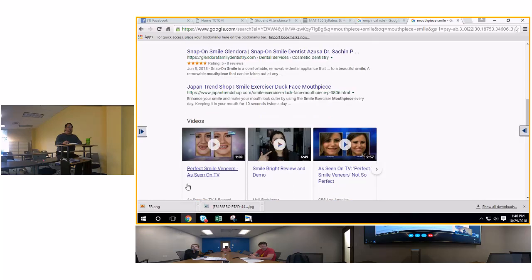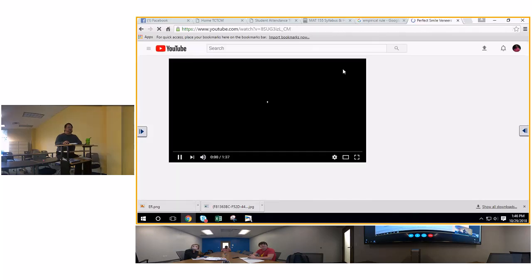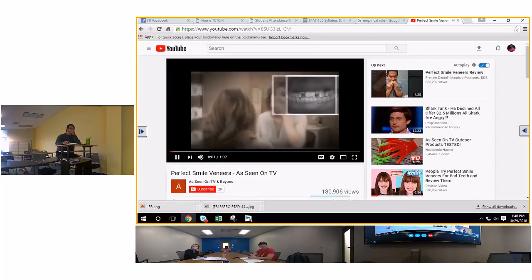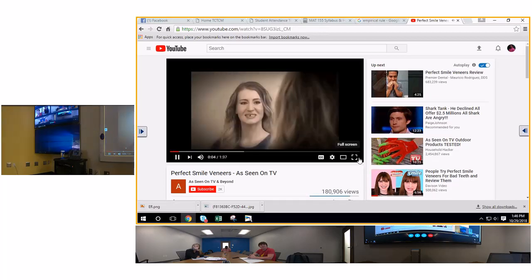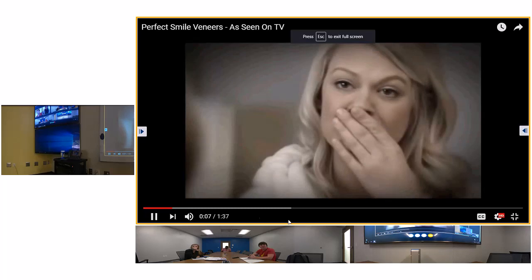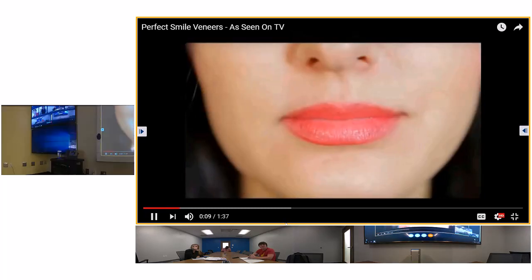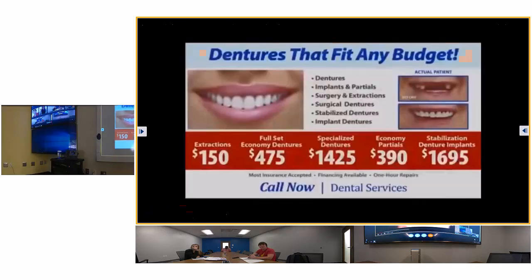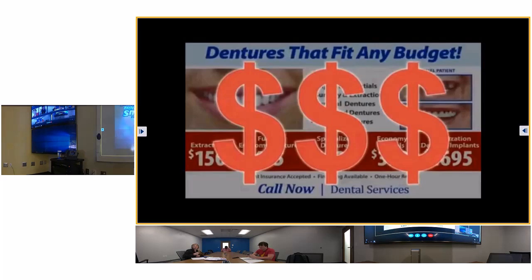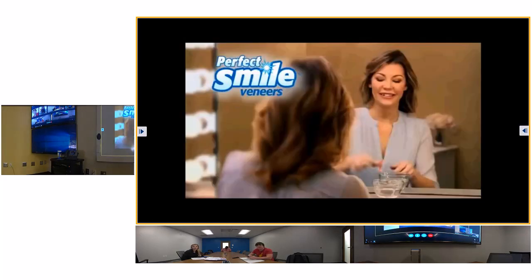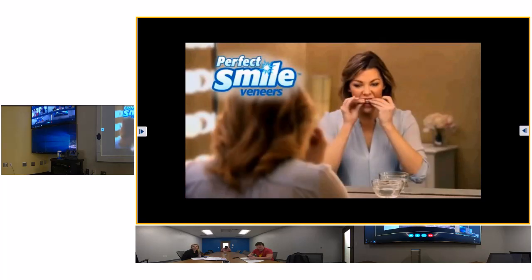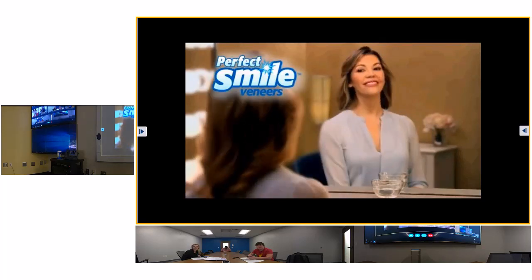Perfect Smile. Are you embarrassed about your broken, crooked, and missing teeth? Do you hide your smile because you're ashamed of unsightly gaps and cracks? Would you like to have big smile confidence, but just can't afford the expensive dental work? Introducing Perfect Smile, the amazing removable, reusable veneer that instantly gives you the look of perfect teeth you'll be proud to smile about.